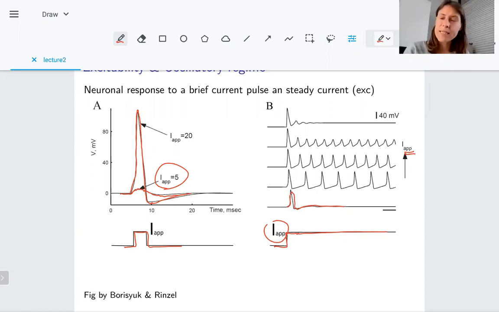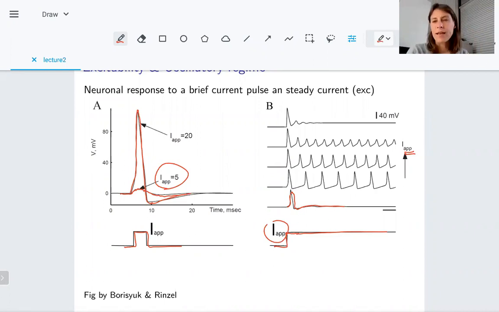Actually, if we keep increasing the value of I applied, we still see that we have this periodic orbit, this repeating rhythm in the voltage. And actually what happens is that the frequency increases with the value of the applied current. Until, if this value is too strong, what happens is that the system has now again an equilibrium point which is stable, which is now not corresponding to the resting state, but is a high voltage state.